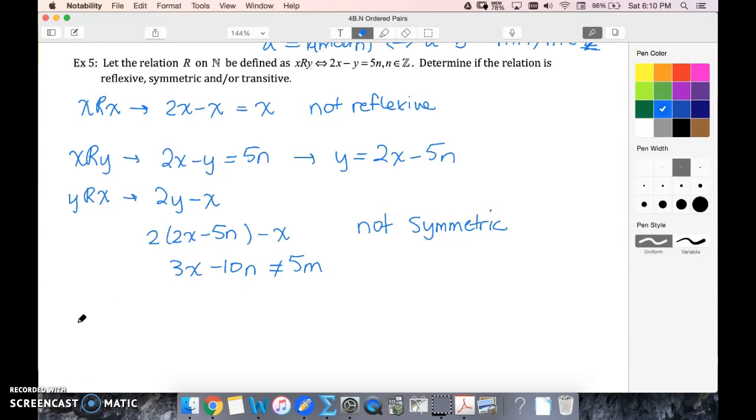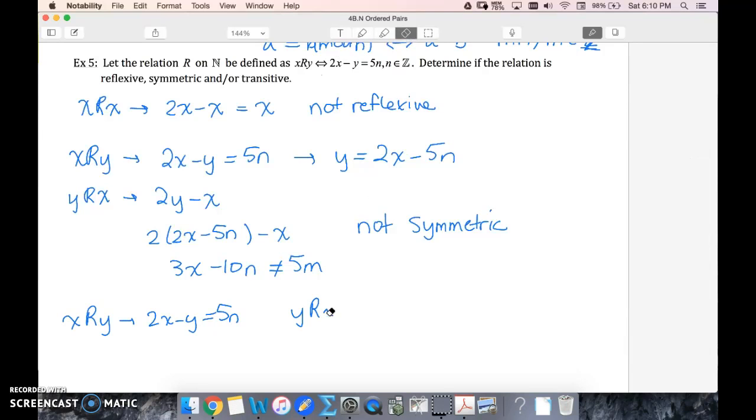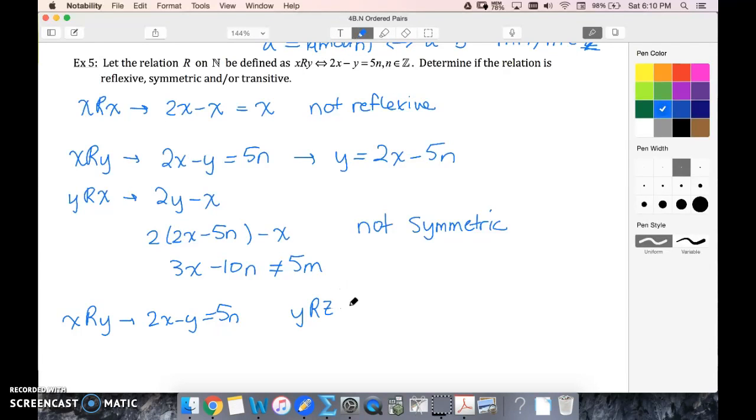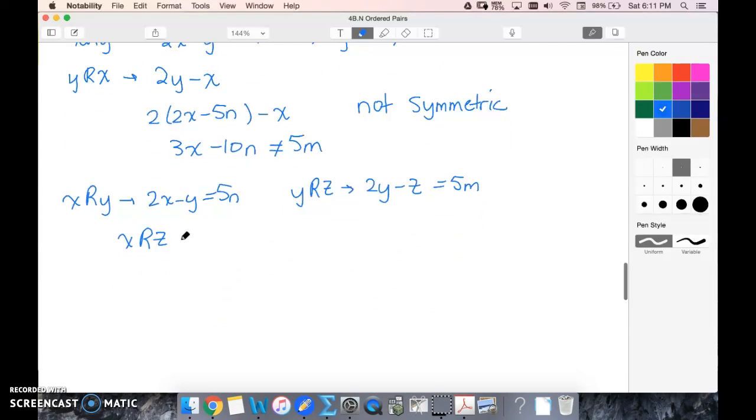And now we want to test transitive. So now we're assuming xRy is true, and we're assuming yRz is true. So that's going to imply 2y minus z is a different multiple of 5. Now we want to test, is x related to z? Is this true? Well, this is going to imply 2x minus z. Again, we can do the same thing. From this one, we see that z is the same as 2y minus 5m.